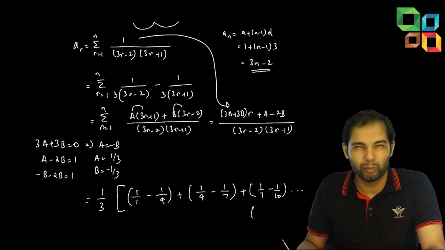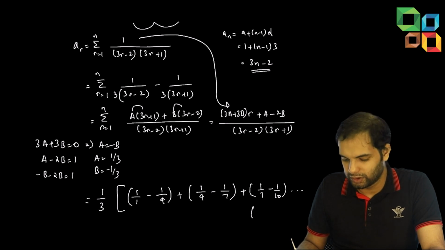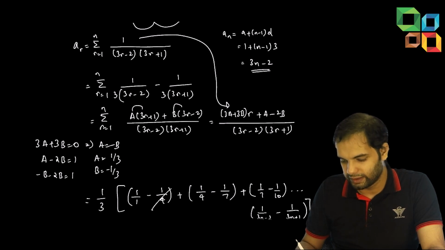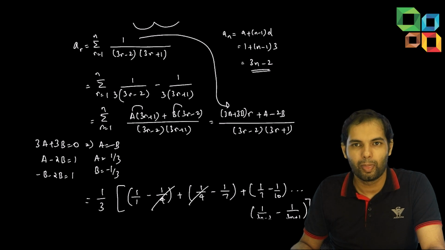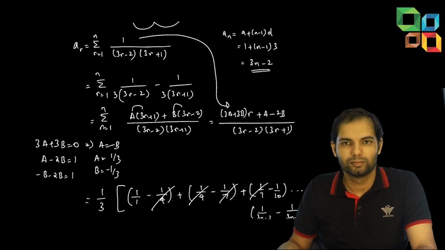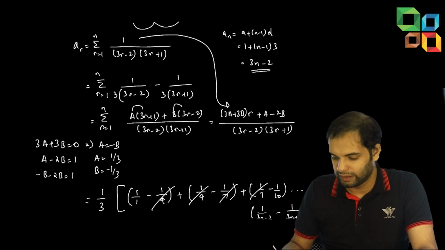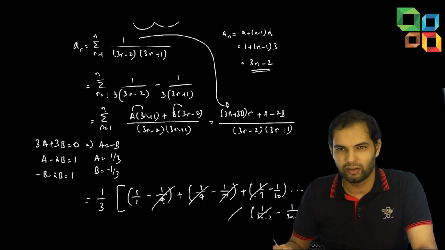The nth term would be 1 by 3n minus 2 minus 1 by 3n plus 1. Now you know that this will get cancelled, right? Even these terms will get cancelled.